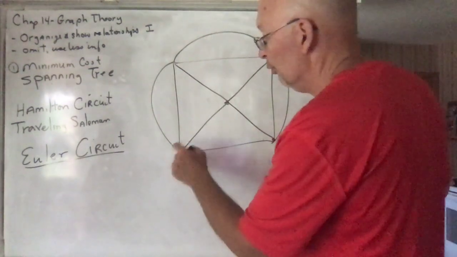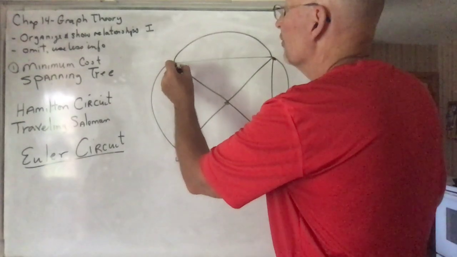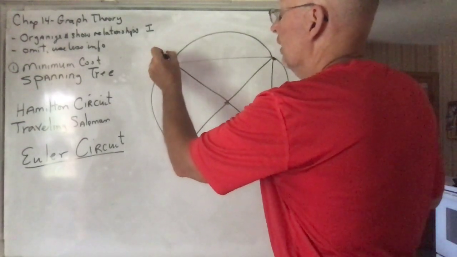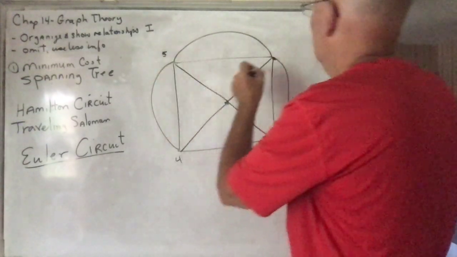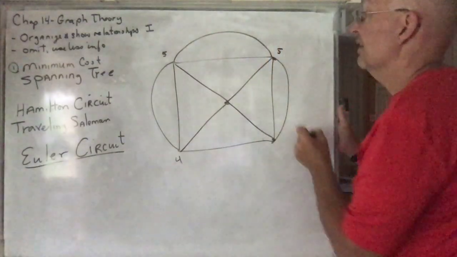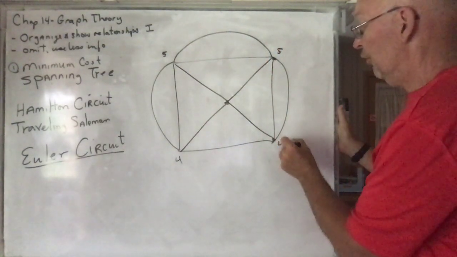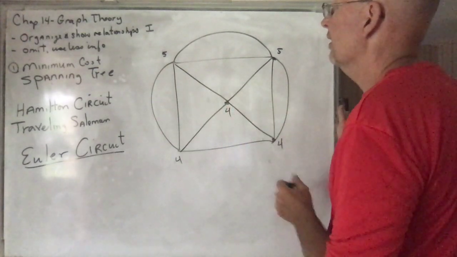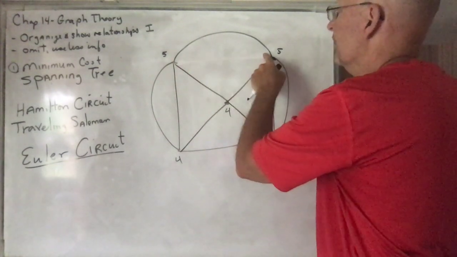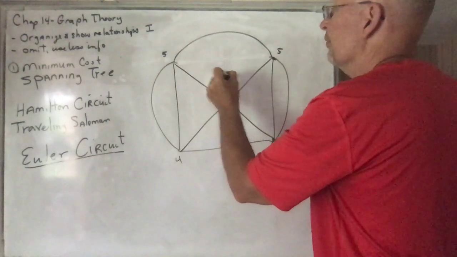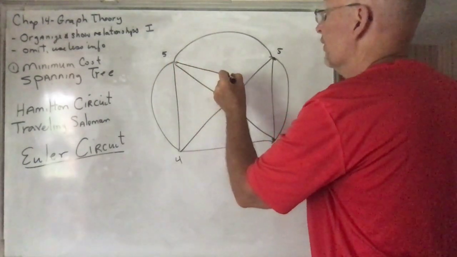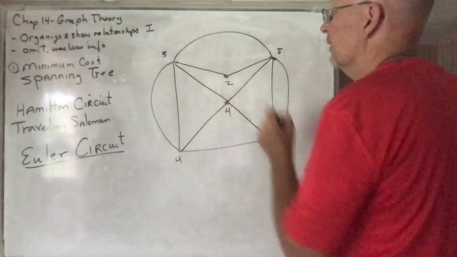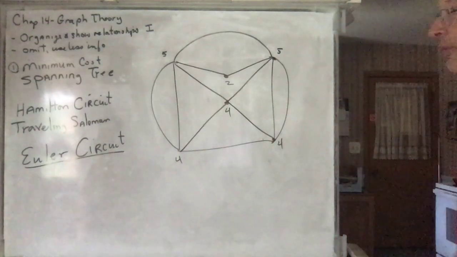Here it's 1, 2, 3, 4. Here it's 1, 2, 3, 4, 5. Here it's 5. Here it's 4. And here it's 4. Okay, and we could have another one here just to make things a little more interesting. I could put this one right here and have this one be 2 right there. Okay, so there it is.